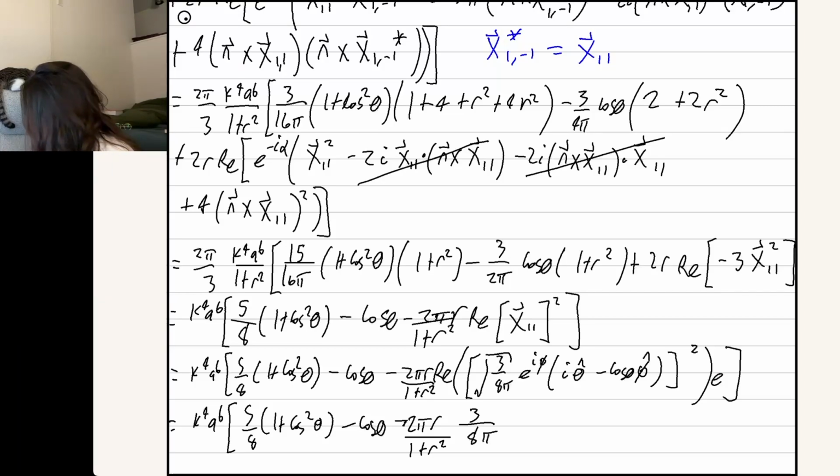Yeah, I neglected to write it here, e to the minus I alpha. But then the real part of, okay, let me just collect all the terms. Times the real part of e to the 2I phi minus I alpha times 1 minus cosine squared theta.